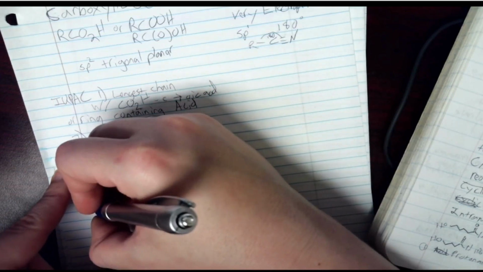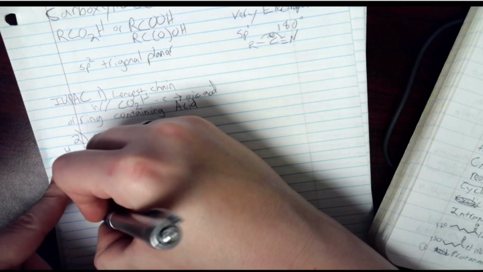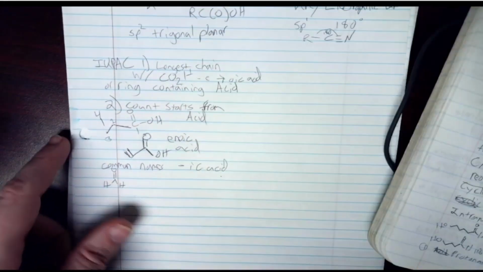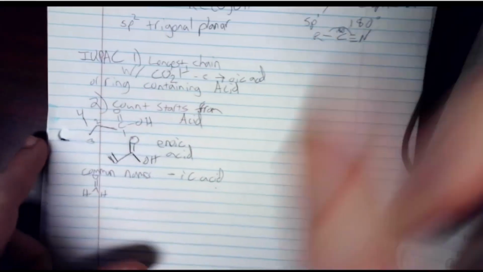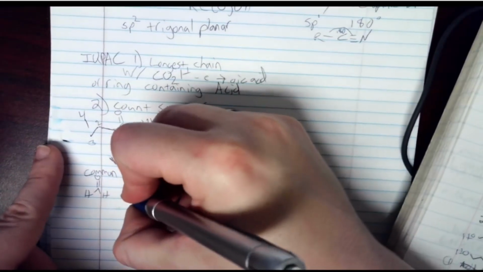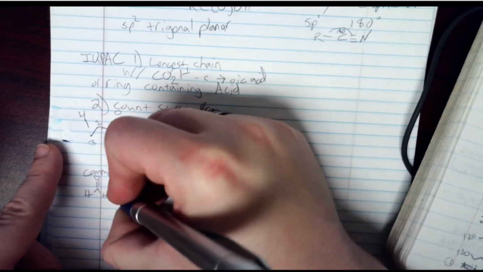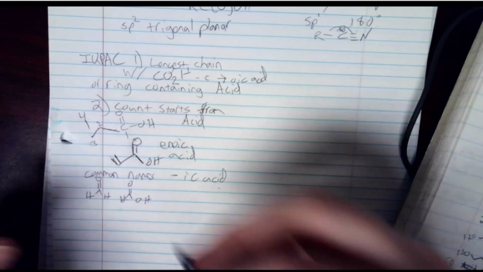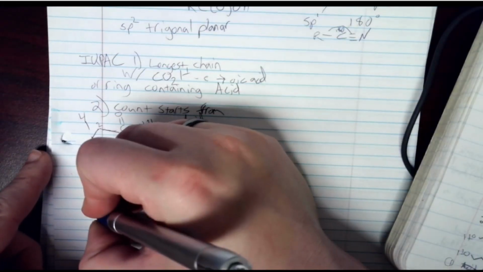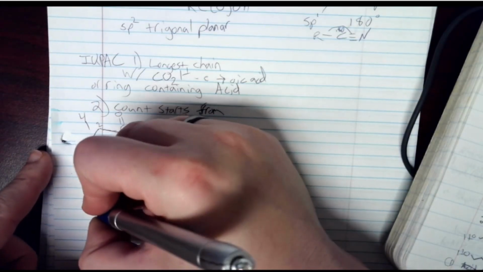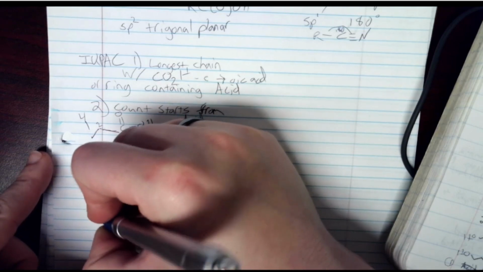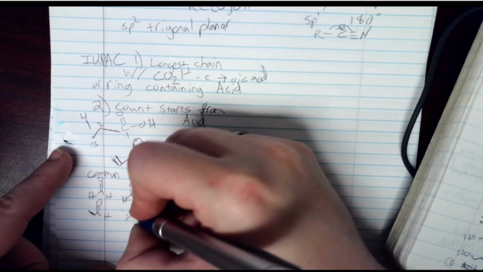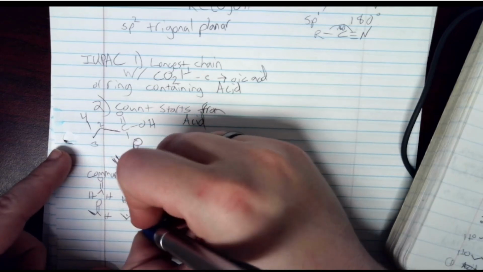If we have a one carbon, that's formaldehyde. If I change that aldehyde into an acid, that becomes formic acid. The two carbon, that's acetaldehyde, becomes acetic acid, which we all know.